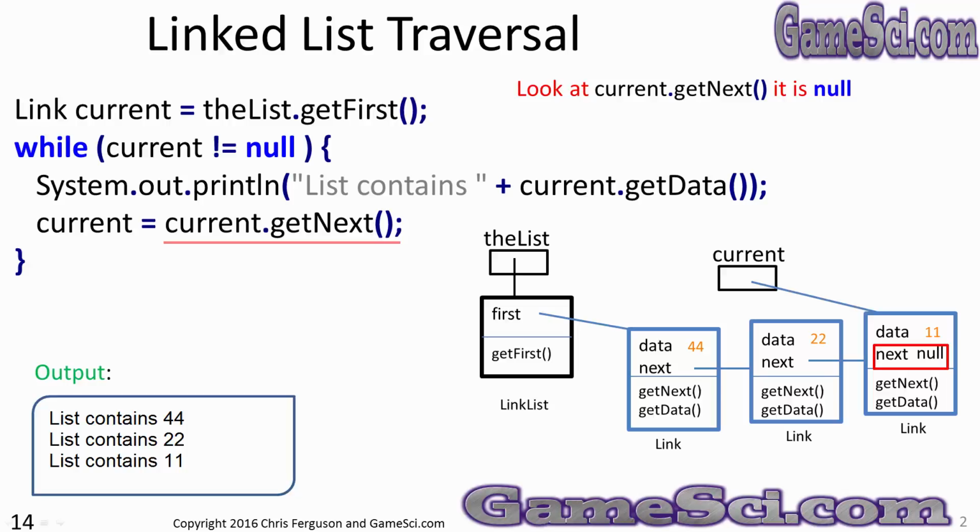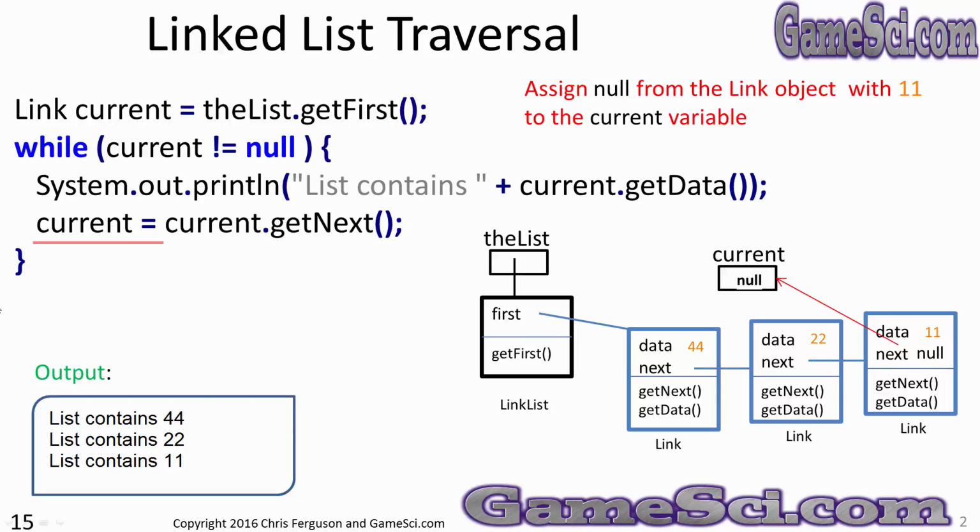Current.getNext is going to return a null. And where's that going to go? It's going to be assigned to the current variable. See that null in the next variable? It is being sent back to current and assigned to the current variable. So current currently contains null. We assign null from the link object with 11 in it to the current variable. And that's what that line of code does.